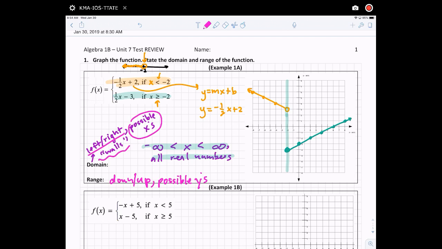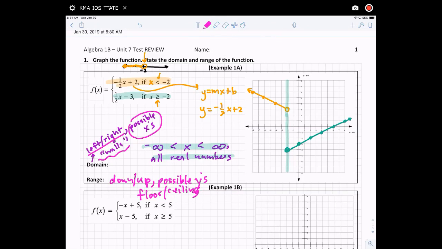So it would be your floor and your ceiling. How low does your graph go? That would be your floor. How high does your graph go? That's your ceiling. You cannot go past that if you have a ceiling. Sometimes you don't have a ceiling.